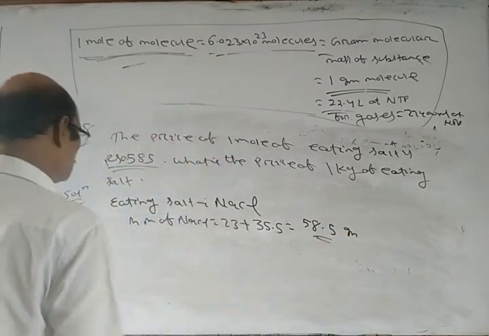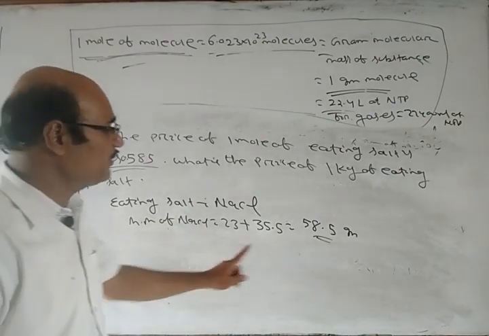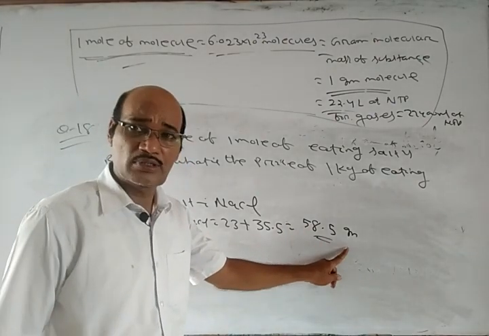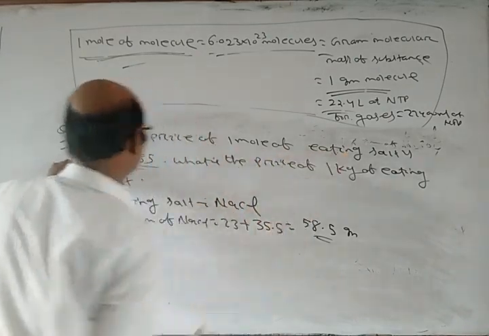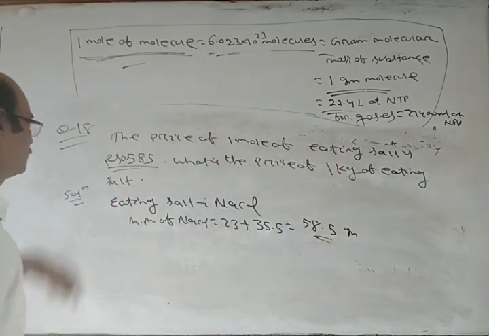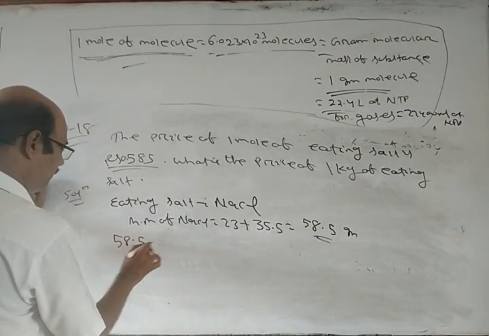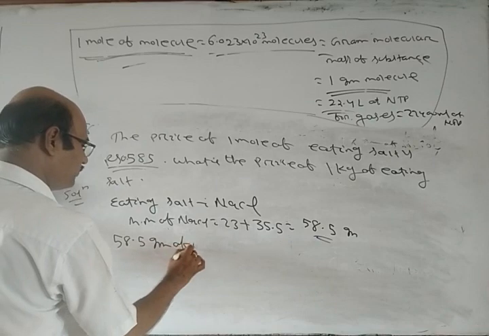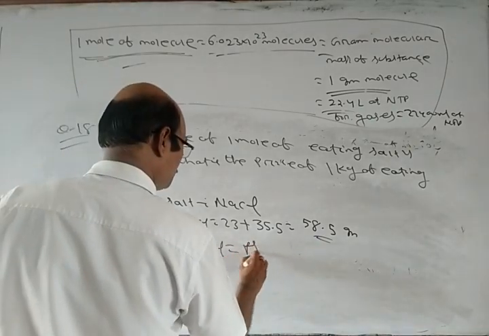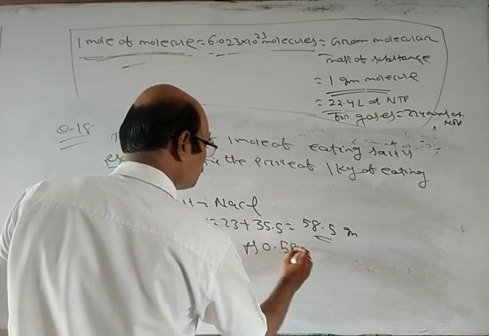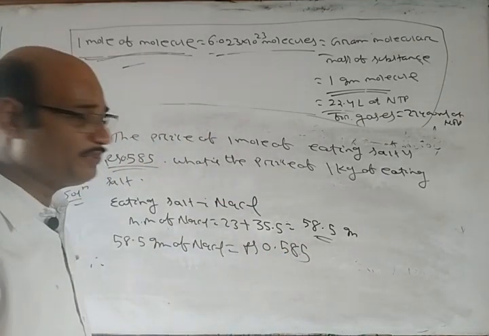So what you can say? 1 mole of NaCl equal to how many gram? 58.5 gram, right? So given here the price of 1 mole of eating salt is 0.585. So 58.5 gram of NaCl is equal to rupees 0.585. Therefore, what is the price of 1 kg of eating salt?